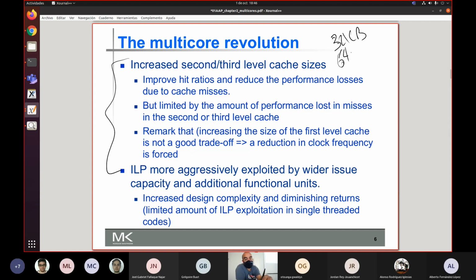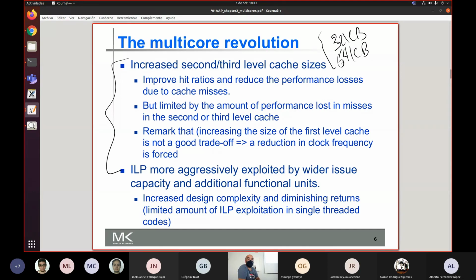The bigger the cache memory is, the slower it's going to be, and there is no way to avoid that relationship. And it's extremely important that the first level of the cache works almost at the same speed as the processor. So if you try to make the level 1 cache bigger, what you are going to get is a slowdown of the overall operation of the computer.